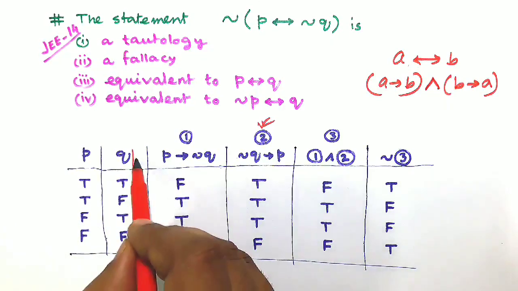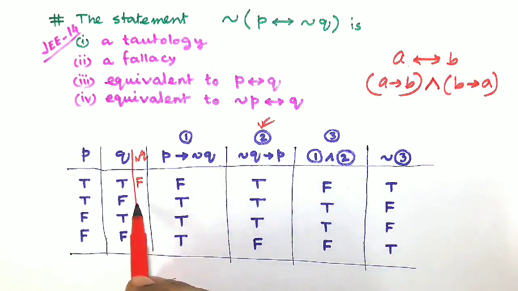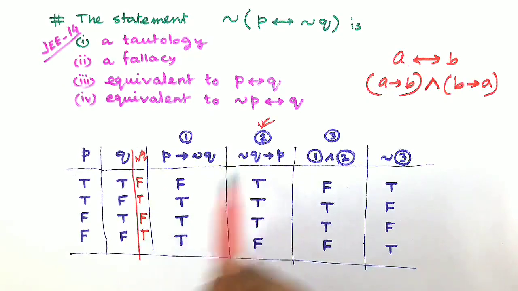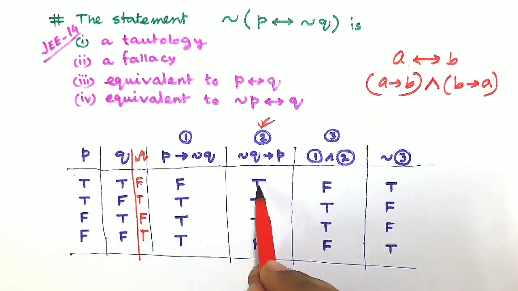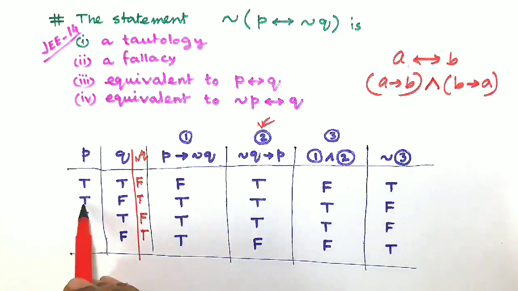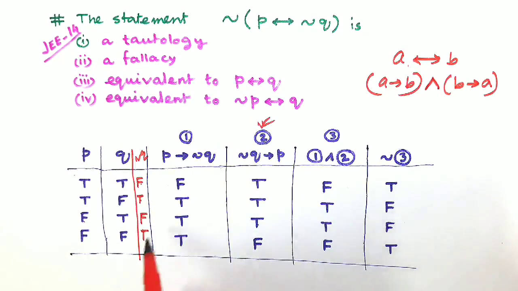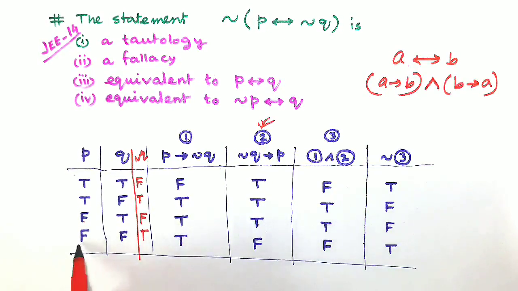I write negation of Q as F, T, F, T. Negation Q implies P: F implies T is T, T implies T is T, F implies F is T, T implies F is F. In implication, only one case is false, when true implies false. True implies false gives the output F.